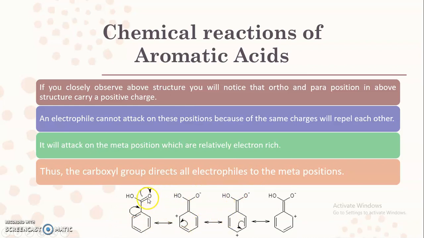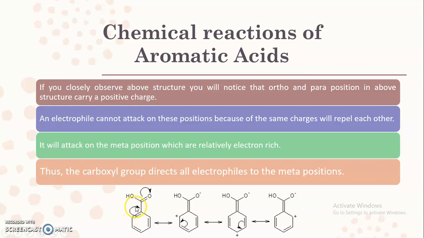Here, as you see, this oxygen is more electronegative, so it will withdraw electrons from this carbon atom, that is, the pi electrons are shifted to this oxygen atom. That's why it bears a negative charge, due to which the pi bond with this carbon atom is broken down, and this carbon atom becomes unstable. To get stability, it withdraws the electrons from this carbon atom.